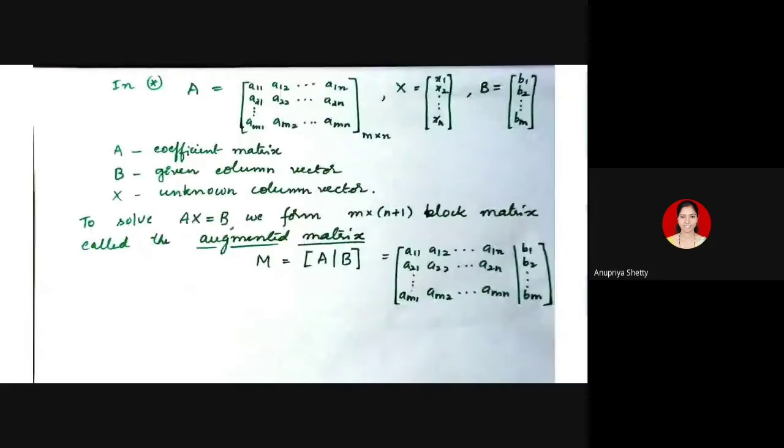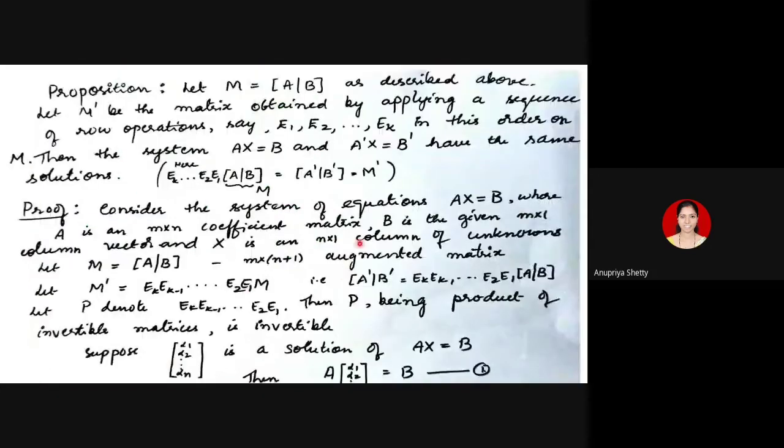But of course, when it comes to problems, we are not going to make use of elementary matrices, we will directly apply row reduction. But in justifying that Ax equal to B and A dash x equal to B dash have the same solution, the idea of elementary matrices is required. So row operations in this order, that is E1 is first multiplied on the left of M. After that, you will multiply by E2 on the left, and finally by Ek.